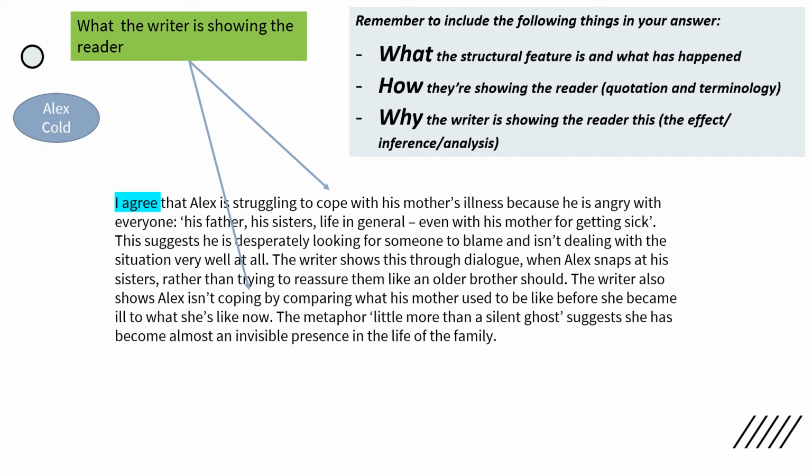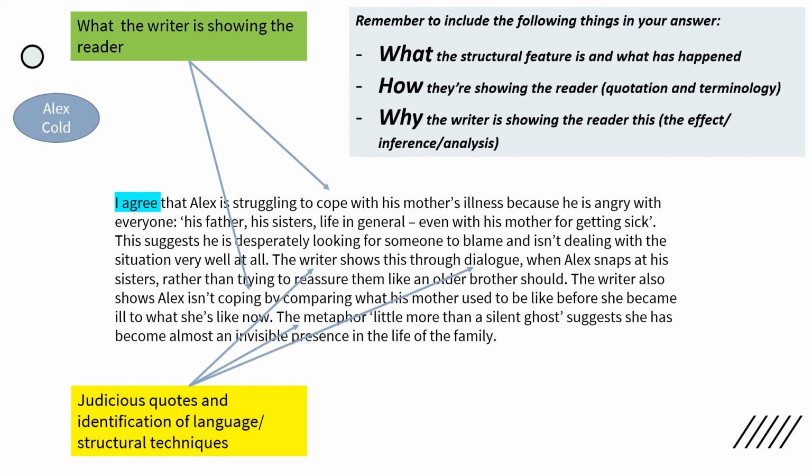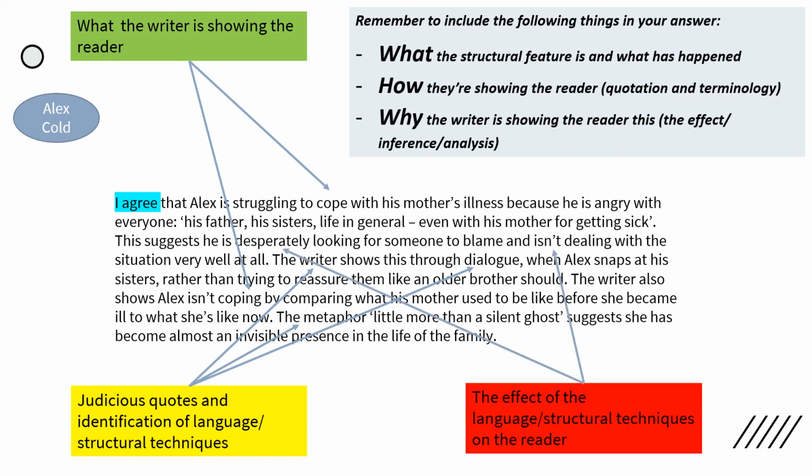The writer shows this through dialogue when Alex snaps at his sisters, rather than trying to reassure them like an older brother should. The writer also shows Alex isn't coping by comparing what his mother used to be like before she became ill to what she's like now. The metaphor, 'little more than a silent ghost', suggests she has become an invisible presence in the life of the family.